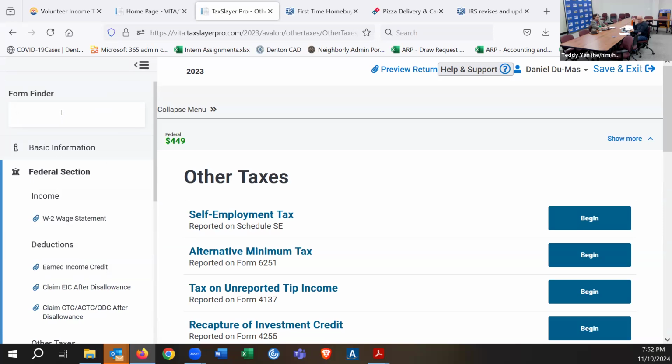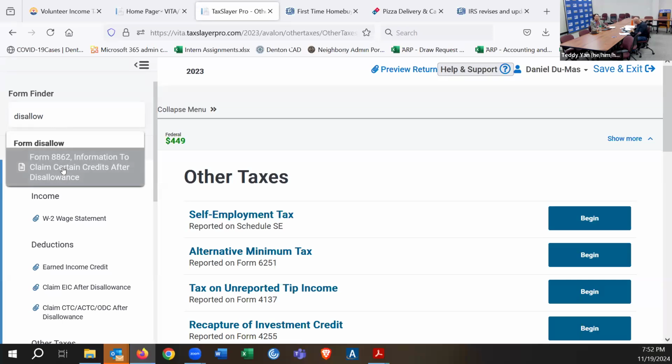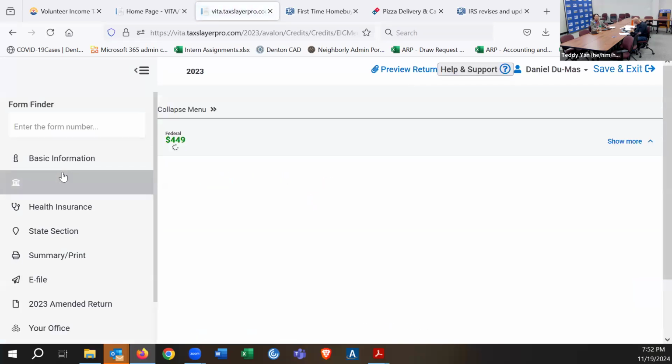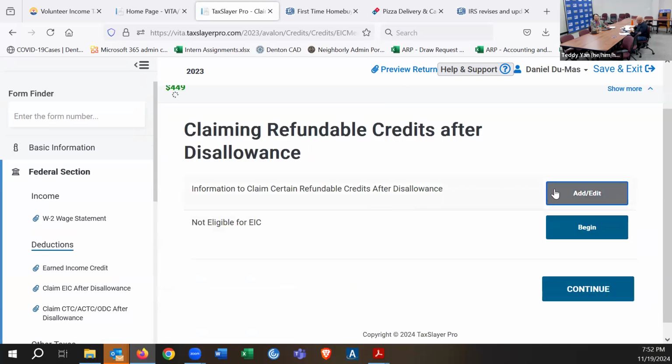Or you can just type in disallow, and it'll take you to the form 8862, which we must complete. Information to claim certain refundable credits after disallowance.